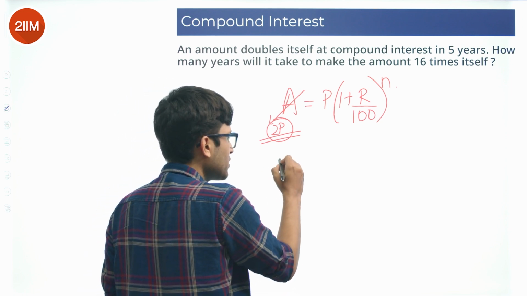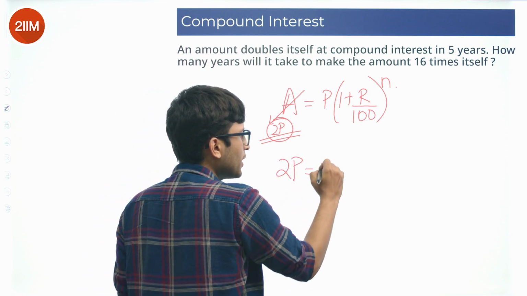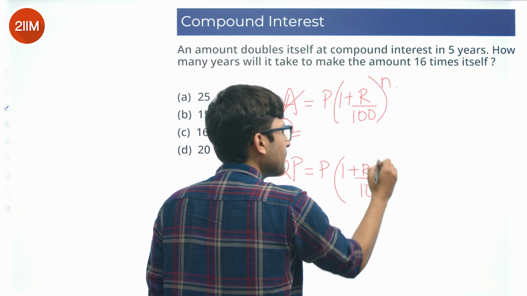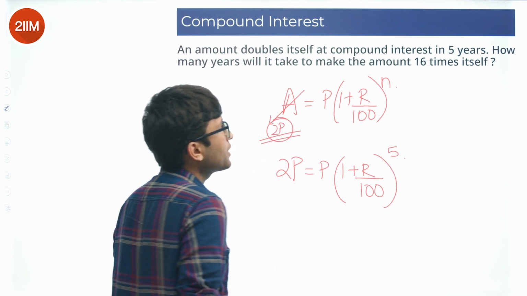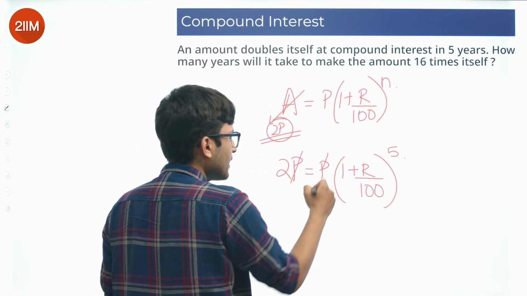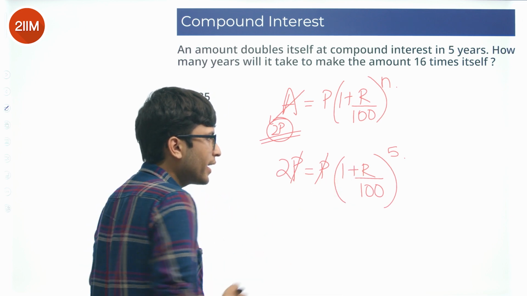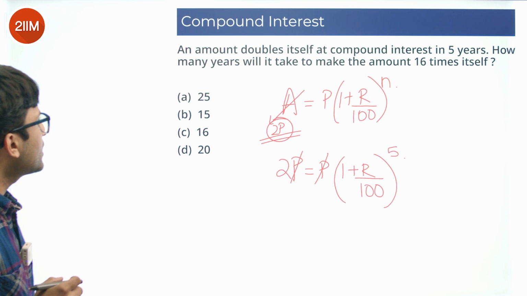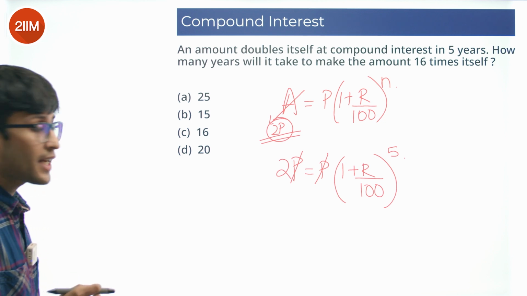So my equation would be 2P is equal to P into 1 plus R by 100, and this is happening in 5 years. P gets cancelled out, so I have the equation 2 is equal to this value. But what we have to find out is how many years it will take to make the amount 16 times itself.